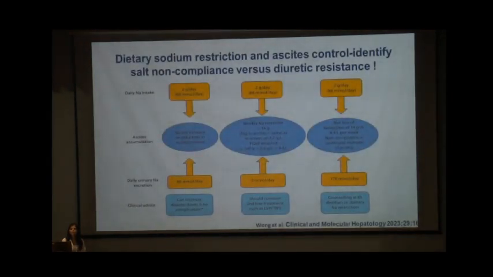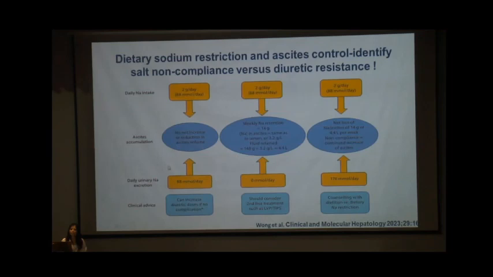Now, the first step, which we most often forget, is to look at the dietary sodium restriction and the diuretic response. There could be three phenotypes of patients when you get a patient with refractory ascites. If the patient is compliant with the salt, taking 2 grams or 88 millimoles per day, but there is ascites reaccumulation, you need to look at the daily urinary sodium excretion.